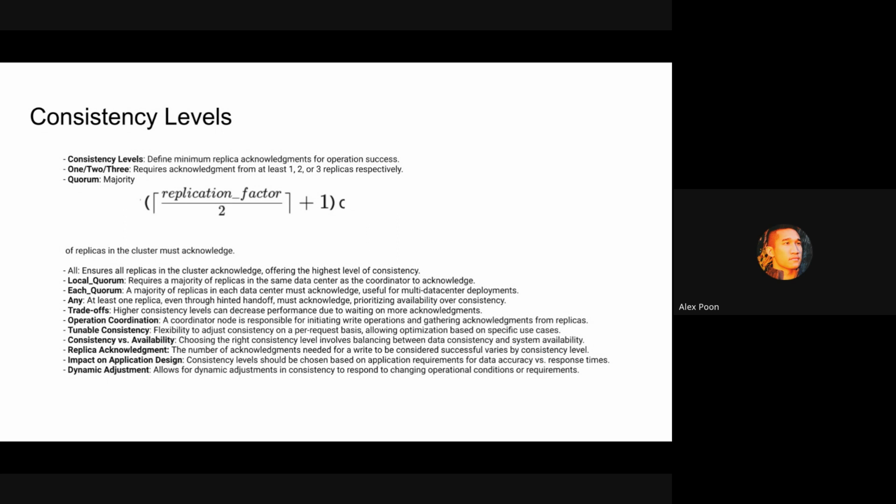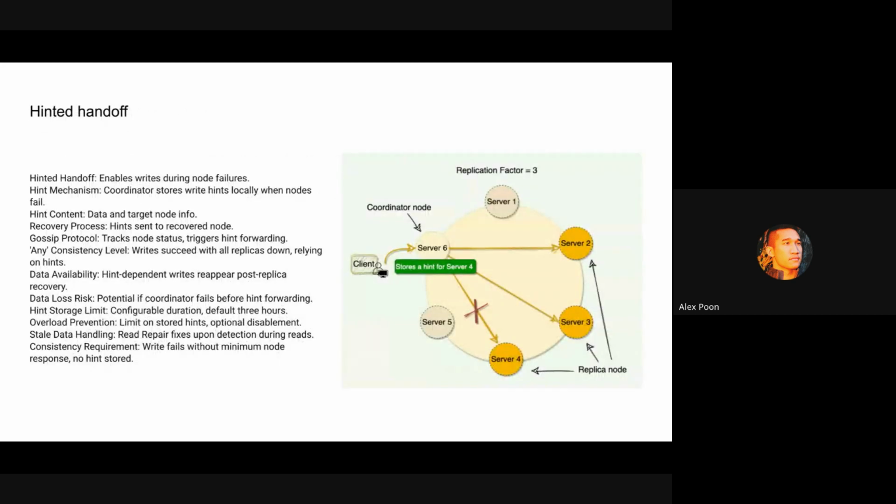How does Cassandra perform a write operation? For a write, the coordinator node contacts all replicas as determined by the replication factor and considers the write successful when a number of replicas equal to the consistency level acknowledge the write. Earlier, I mentioned hinted handoff. If you remember during the previous session last week, we also discussed hinted handoff in context of DynamoDB.